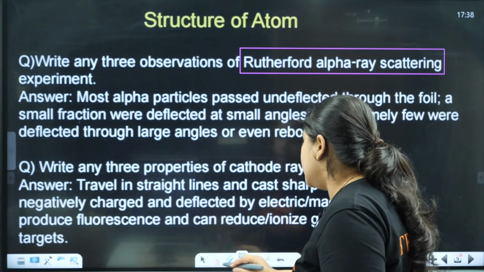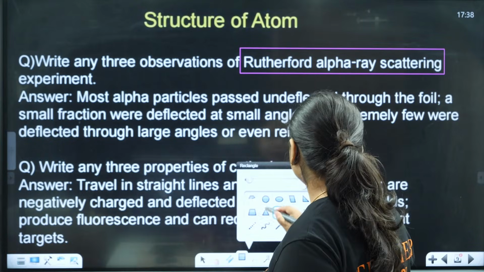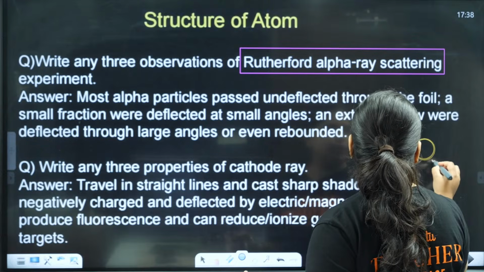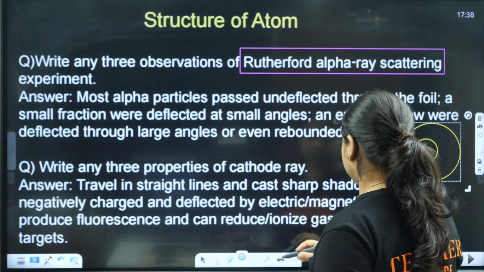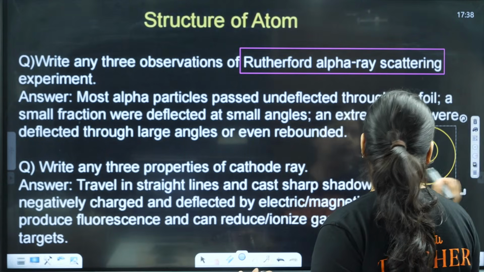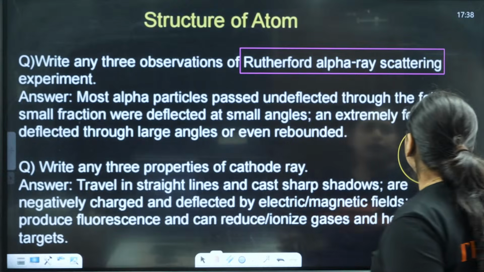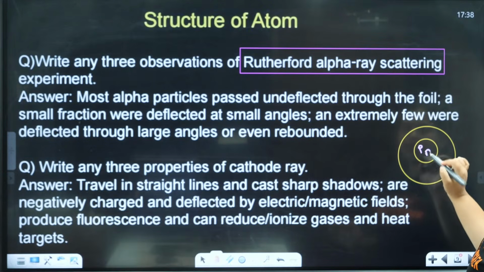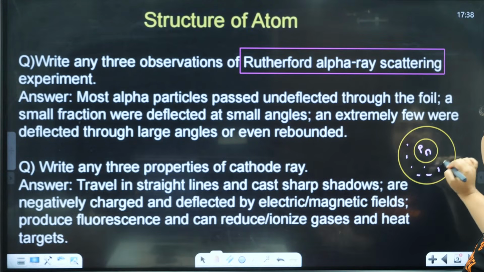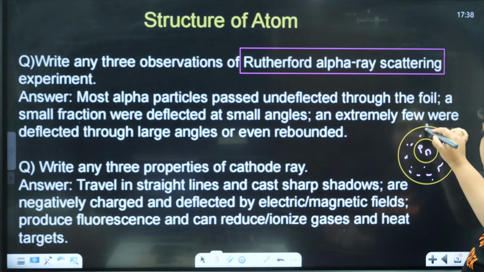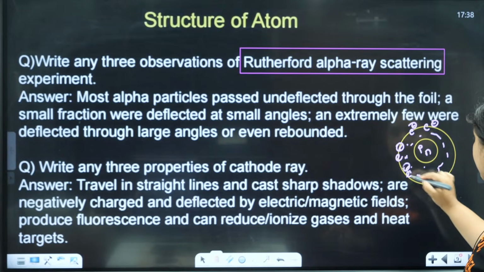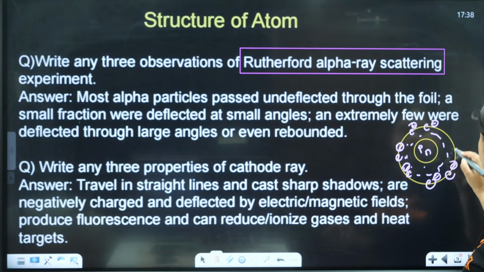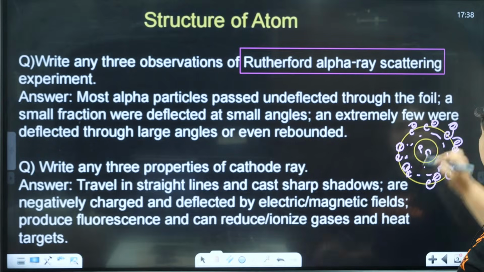For example, this is the nucleus, with protons and neutrons, this is all the empty space, and these all are electrons. Clear?